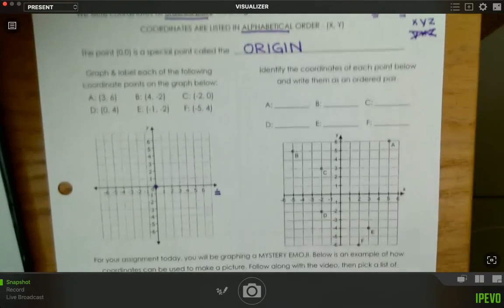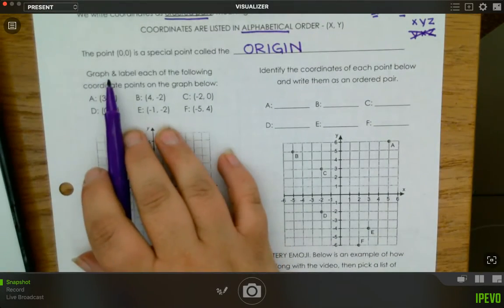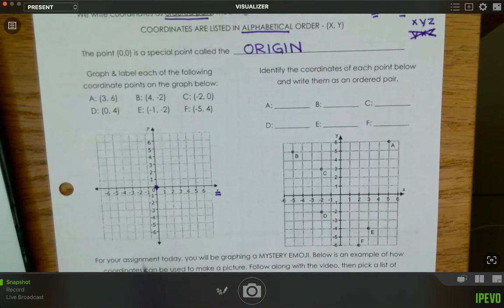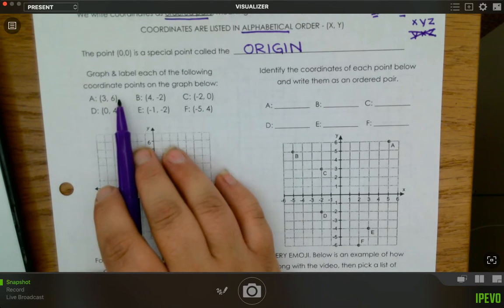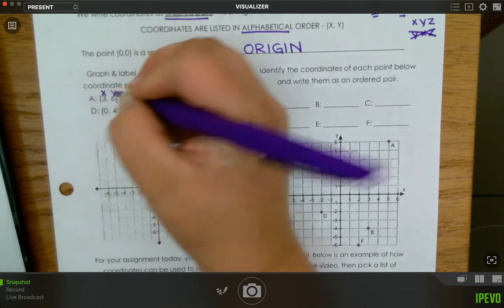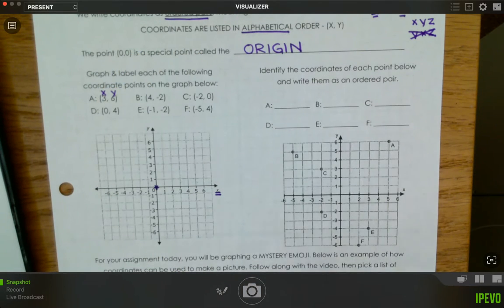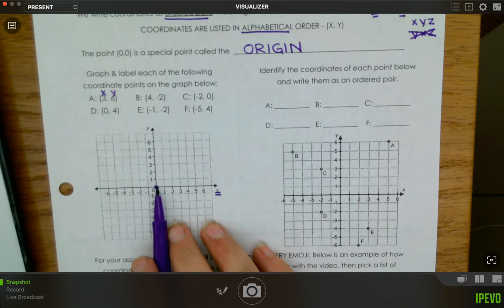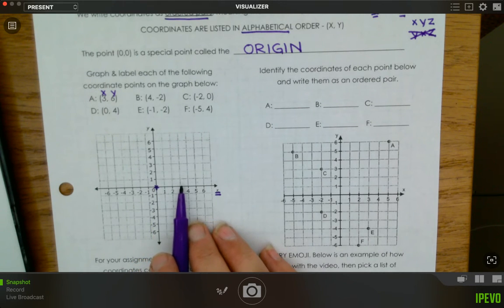So let's talk about how to graph them. I'm going to graph and label each of these points. 3, 6. 3 is our x value, 6 is our y value. You'll notice that if you start in the middle and you want to go to 3 on the x-axis, you have to go right 3. That makes sense because right is our positive direction.